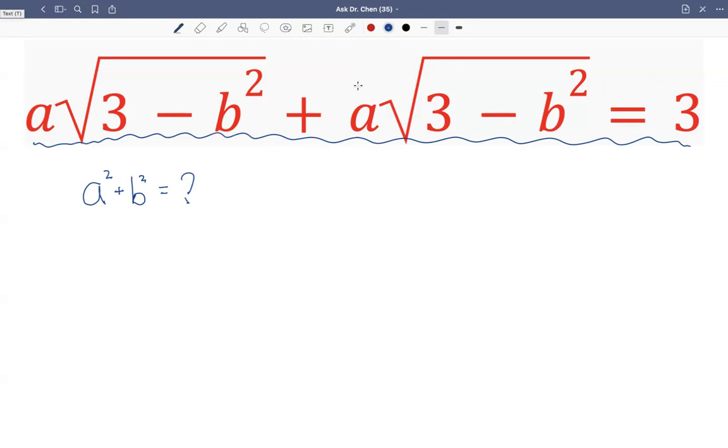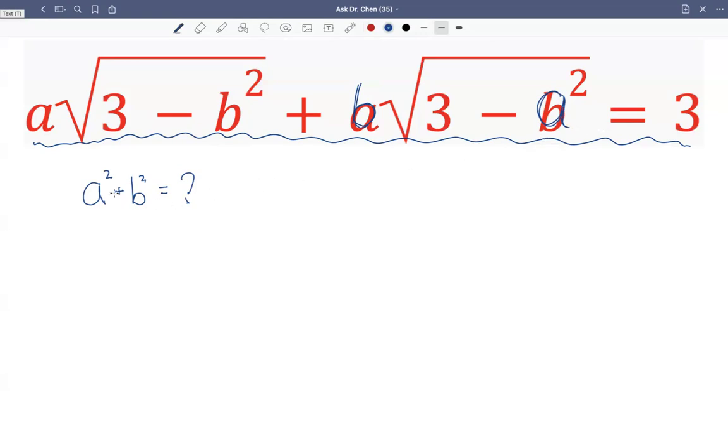So this is B, this is A. There's a typo here. So this is A, this is B. So we see some symmetry here. So this is A square root of 3 minus B squared, this is B times square root of 3 minus A squared equals 3.